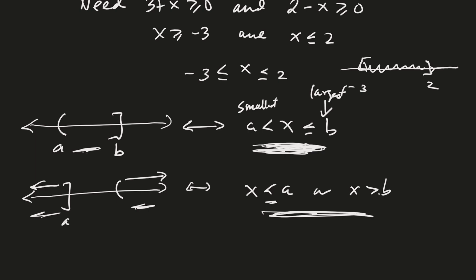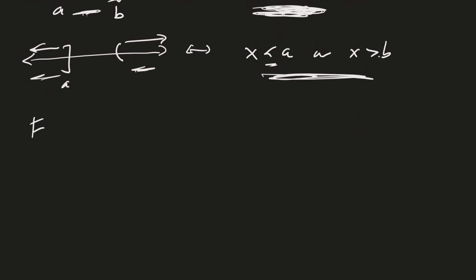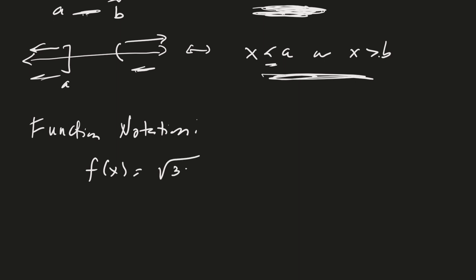Now, I want to talk about one more thing here for general functions, and that is function notation. When I wrote the rule f of x equals the square root of 3 plus x minus the square root of 2 minus x, we interpret that as saying if I want to compute f of 1, I would replace the x's in here by 1.